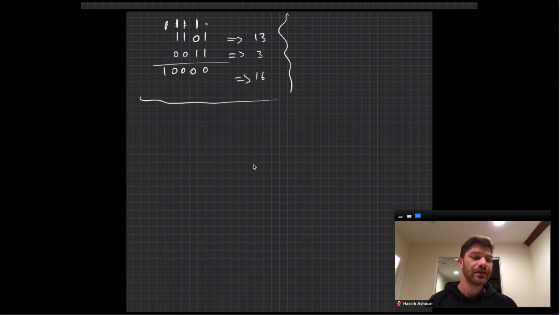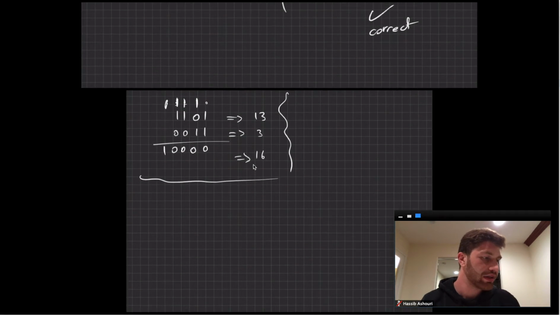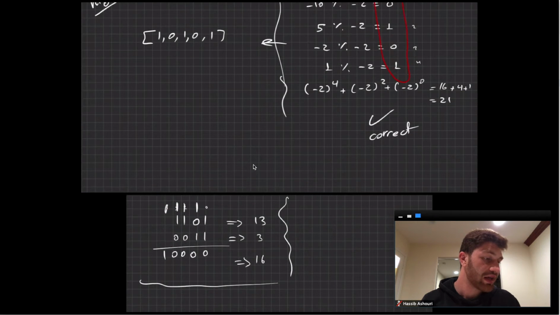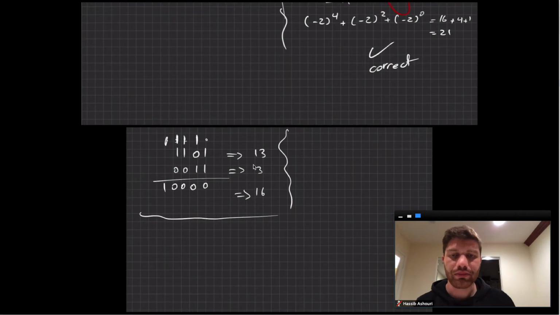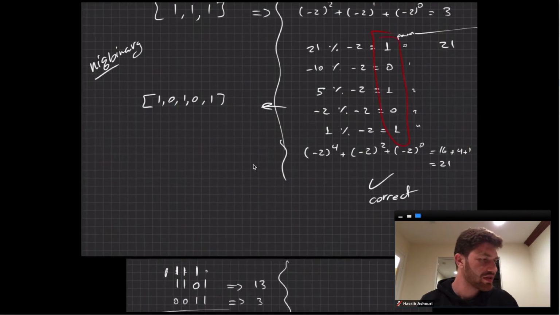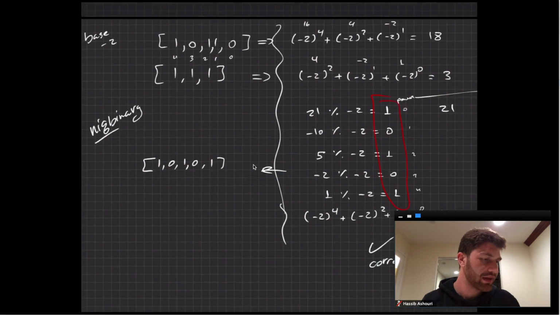So I'm going to take the previous example that we just did with the Negabinary numbers. I don't know if I'm saying it correctly. I'm going to see if I can apply the same binary addition logic to it. It's interesting to see if it will actually work. So what did I have?